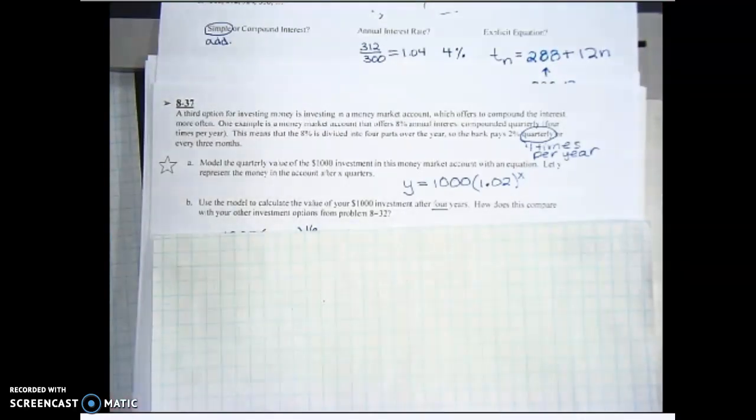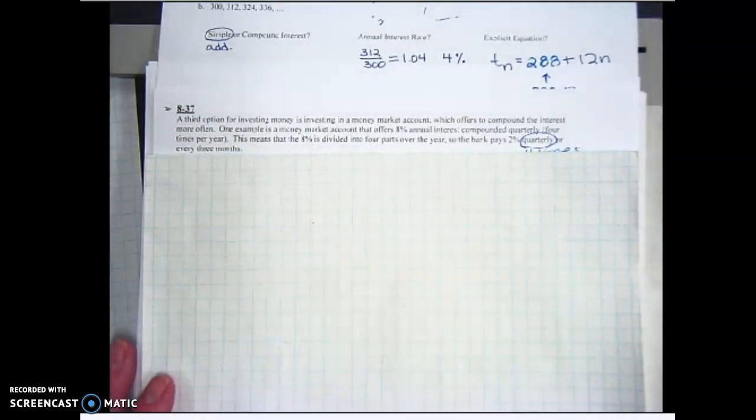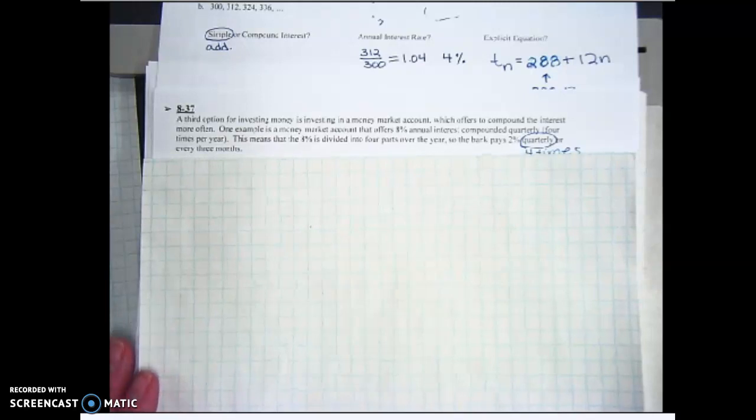All right, we're at the top of page 10. Question 37 says, a third option for investing money is investing in a money market account, which offers to compound the interest more often. One example is a money market account that offers 8% annual interest compounded quarterly, which is 4 times per year.